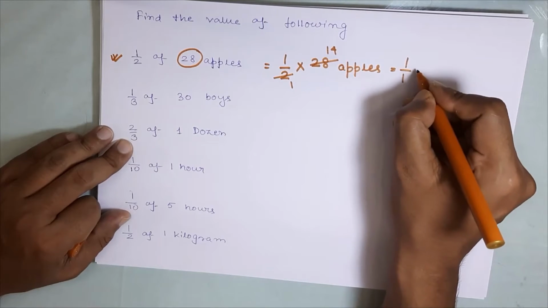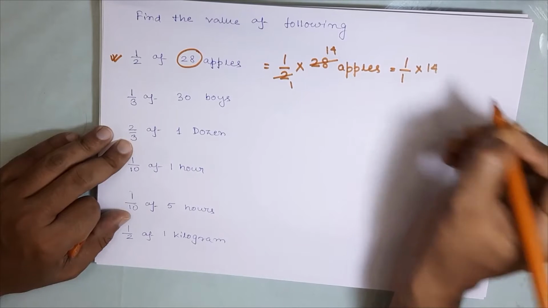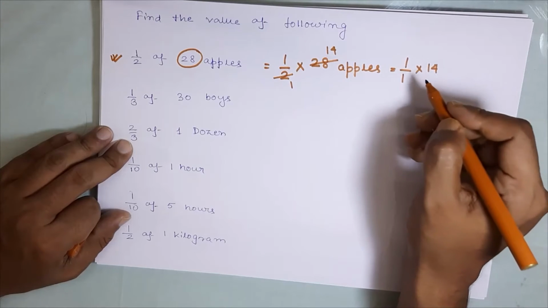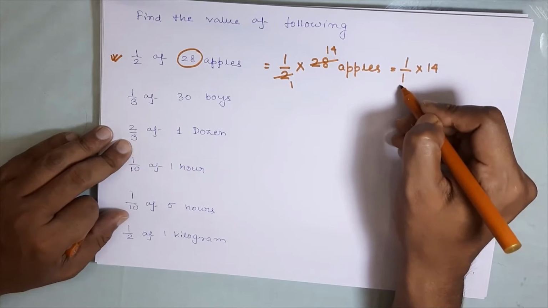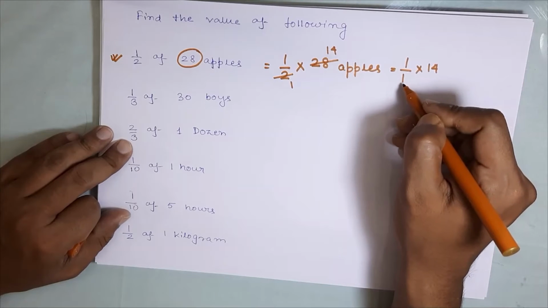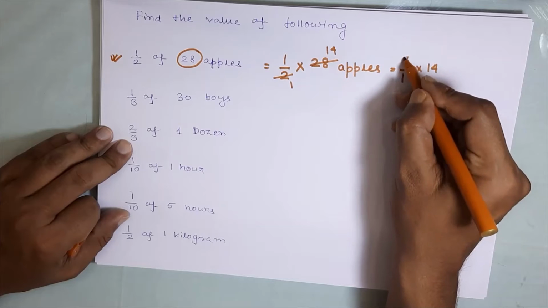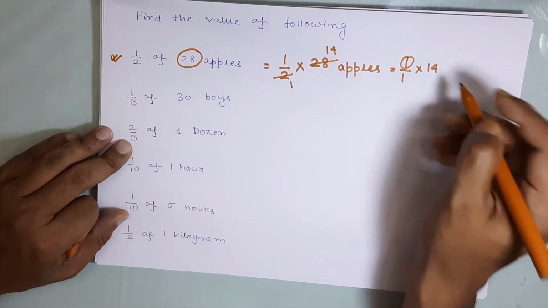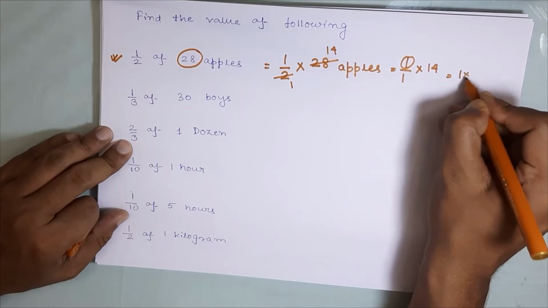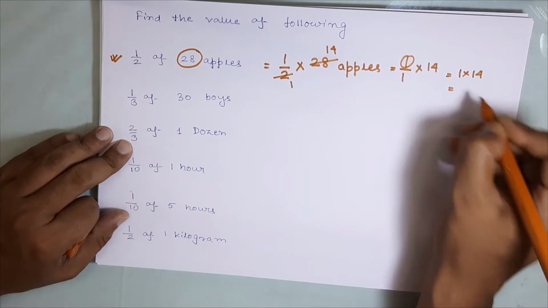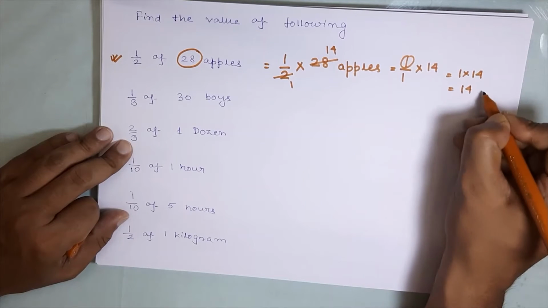We know any number divided by 1 gives the same number. So 1 divided by 1 is 1, and 1 into 14 is equal to 14 apples.